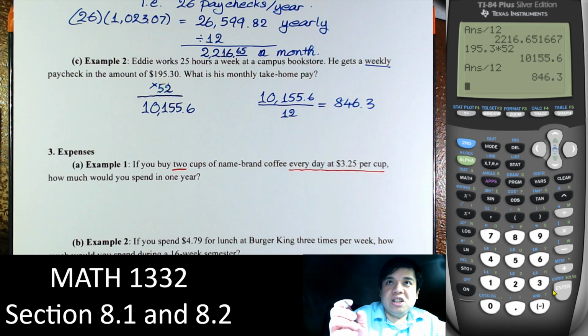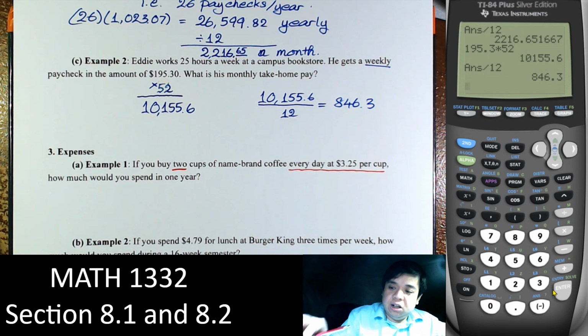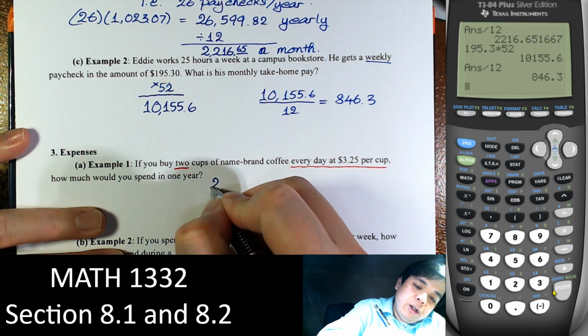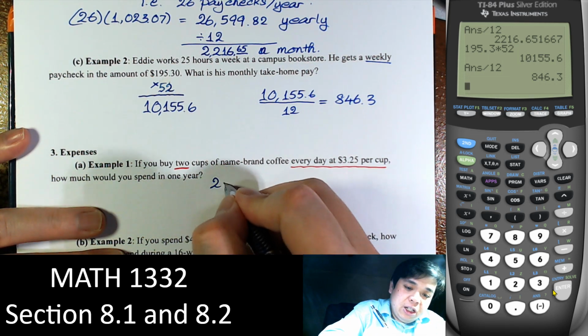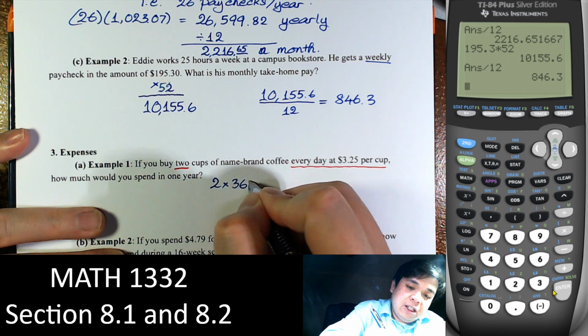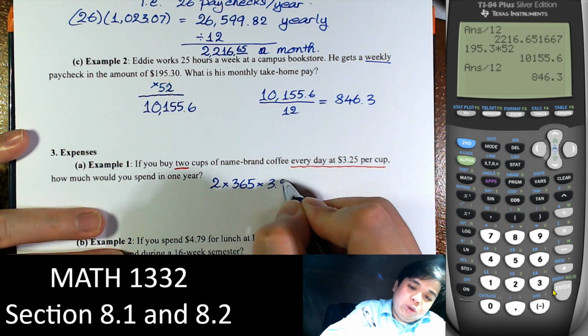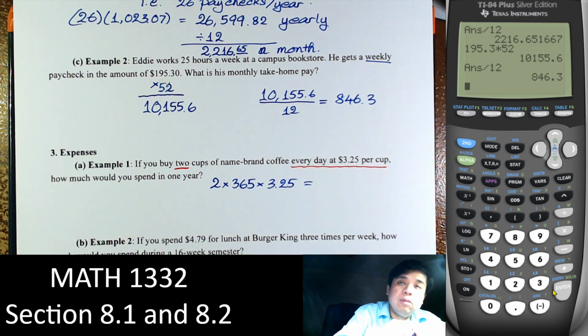so with 365 days a year and twice a day. So 2 times a day, 365 days, we have to pay 3.25 a cup.